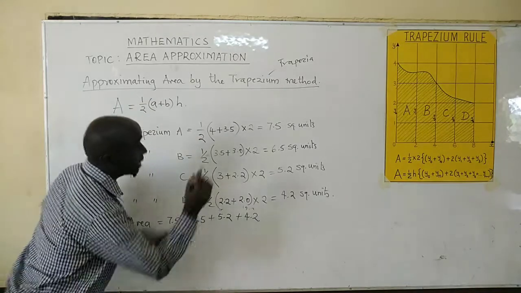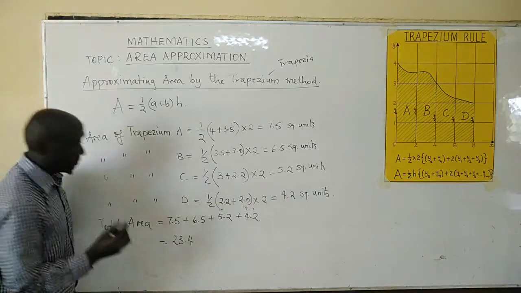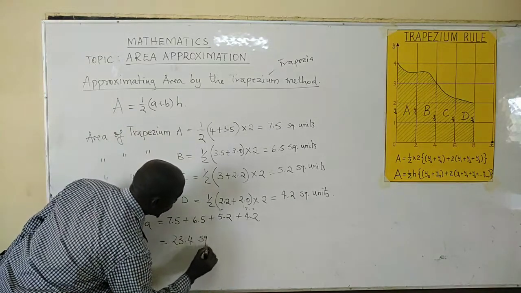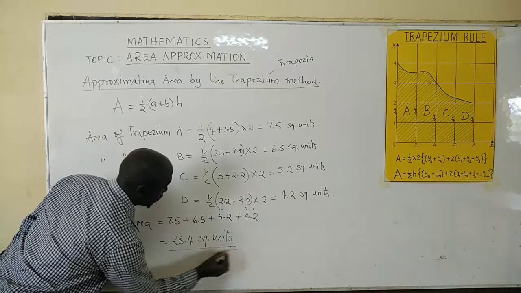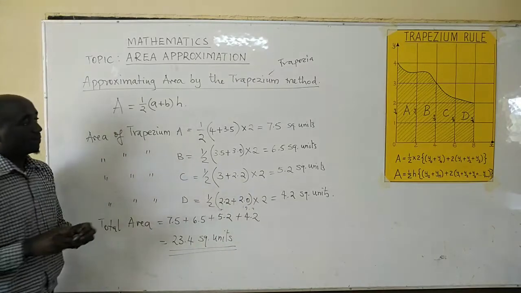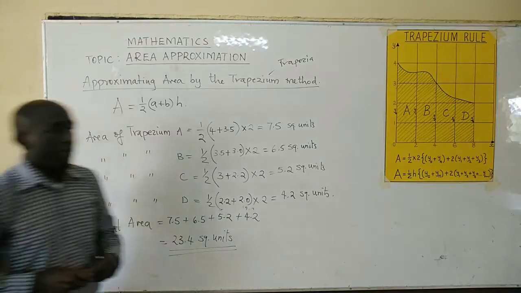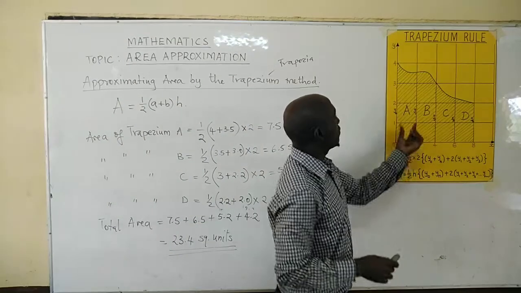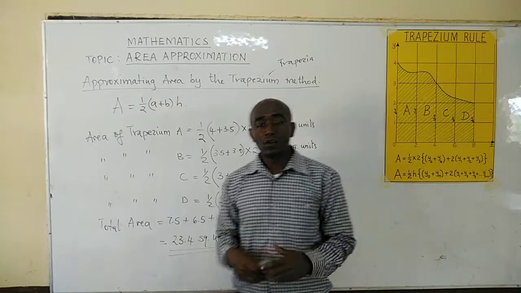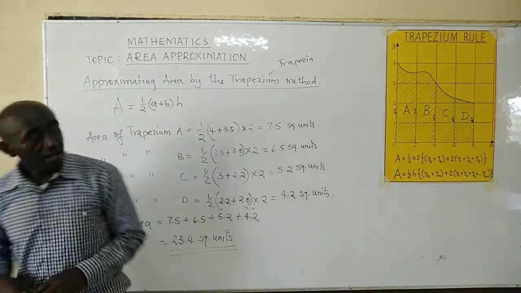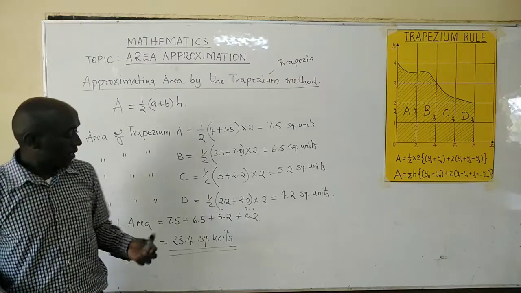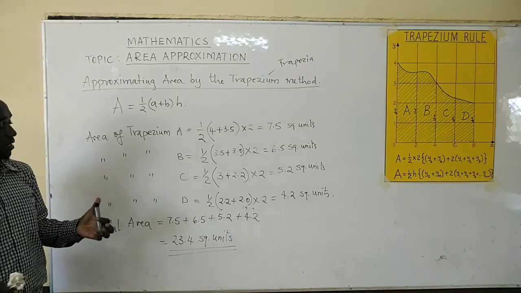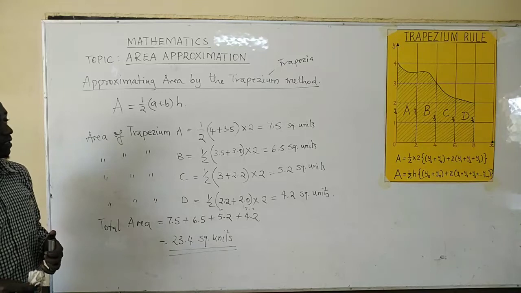So the total area of that shape will be 23.4 square units. So we have found the area of each trapezium, then we added the areas of the trapeziums.